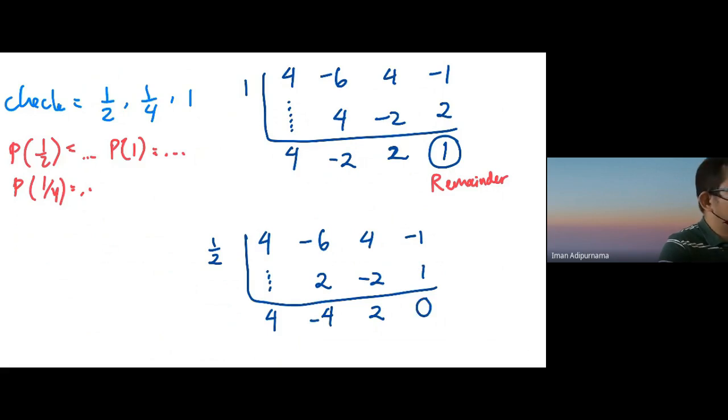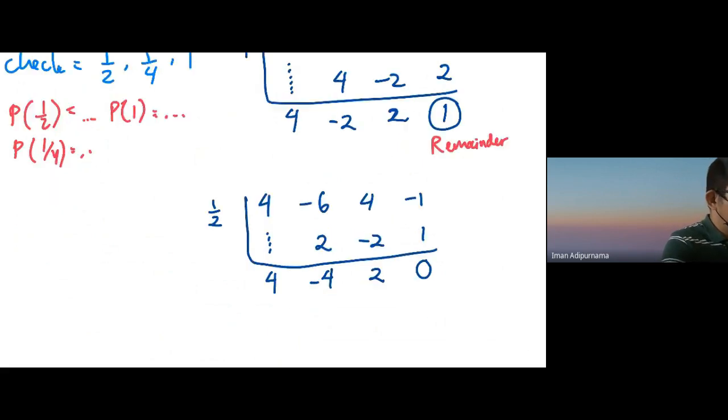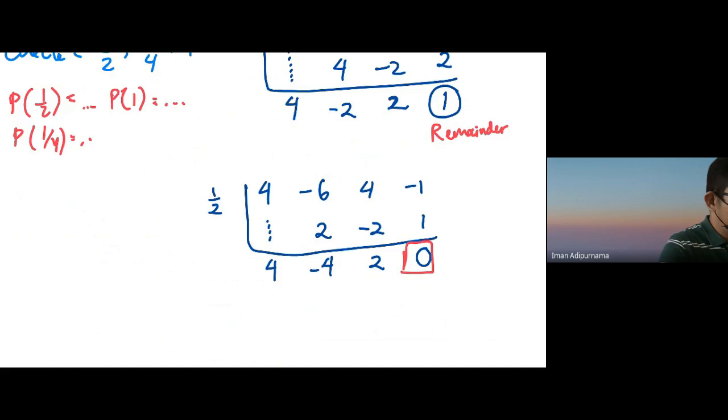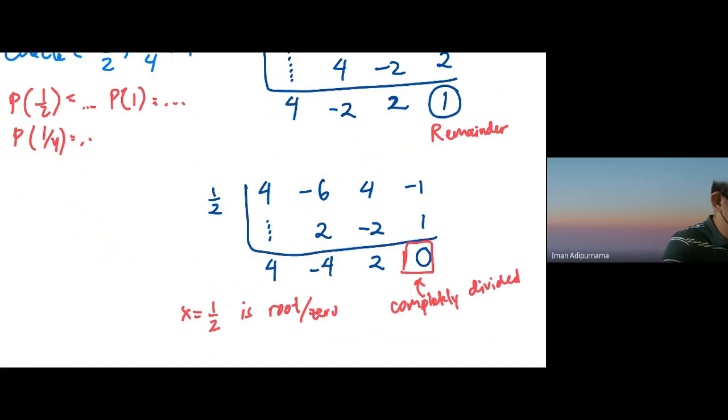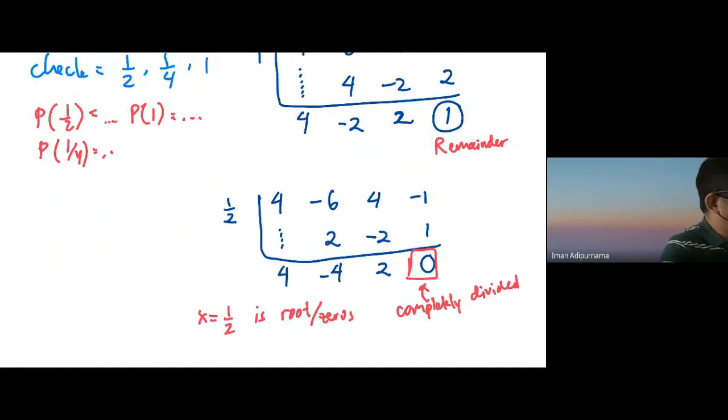Okay, we got 0 now. And if this is 0, then it means it's completely divided, and x equals half is our root or zero. If you check 1/4, I believe it will also have a remainder.